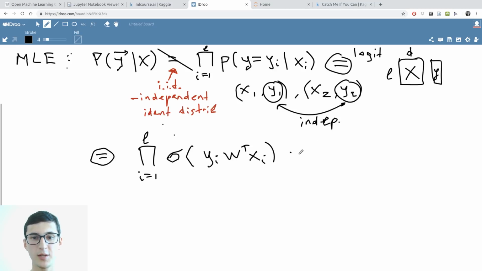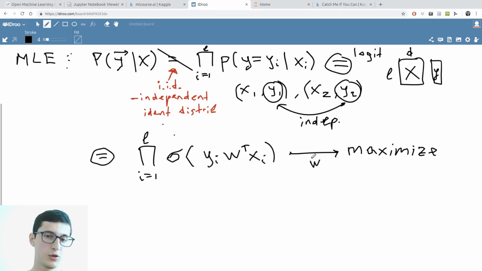So we are going to maximize this likelihood. We convert it to a maximization problem, maximizing with respect to the vector w. Choosing different vectors of w, we'll have different expressions for that, and we are going to maximize that.